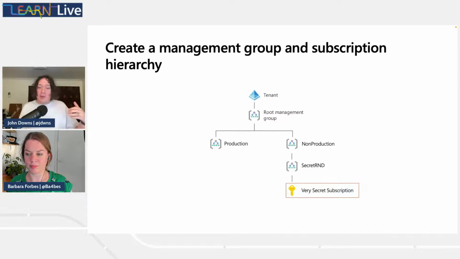Now, at the bottom here, we can see that we've got a subscription, which is called this very secret subscription. And if we want to deploy this from within Bicep, then we can do that, right? What we're actually going to do is create a resource which allows us to deploy an Azure subscription. The resource type has a friendly name of a subscription alias. It's a slightly strange name.